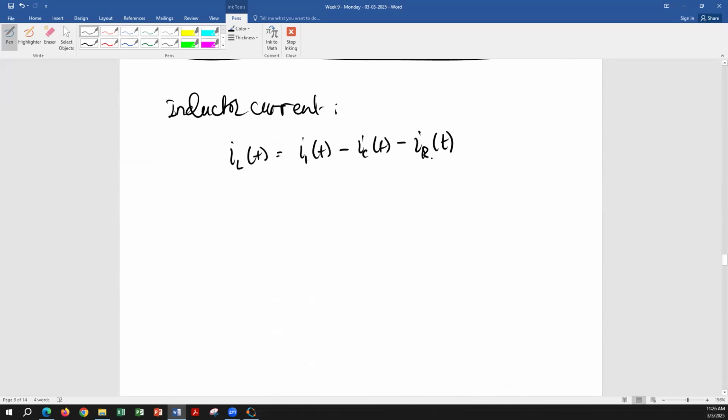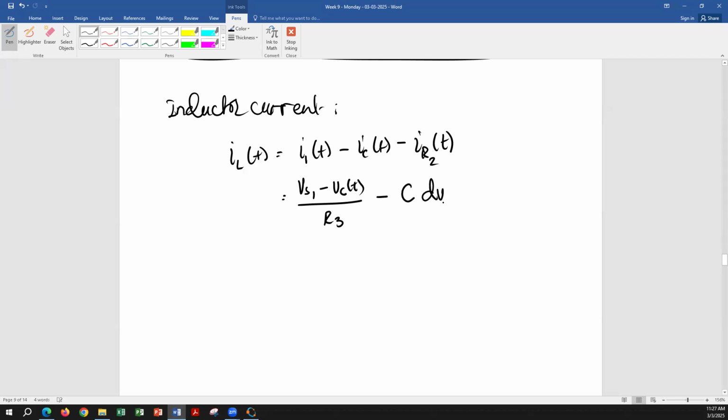Okay. All right. So who is going to tell me how I'm going to calculate I1(t)? Okay, and that is going to be Vs1 minus Vc(t) over R3. Okay, what about IC(t)? How are we going to calculate IC? C dVc over dt. Very good.